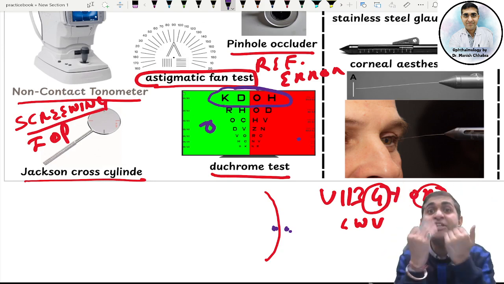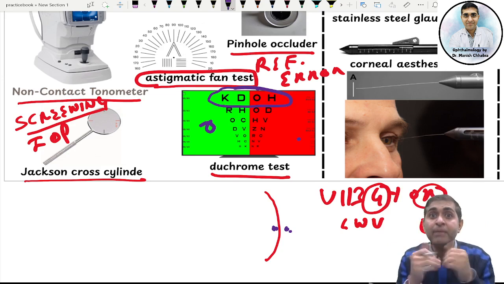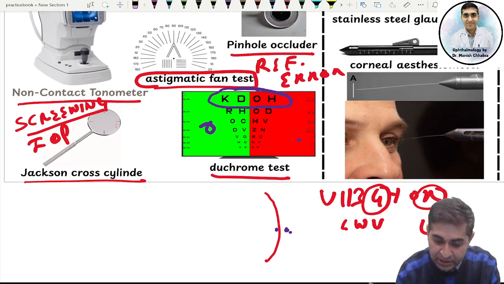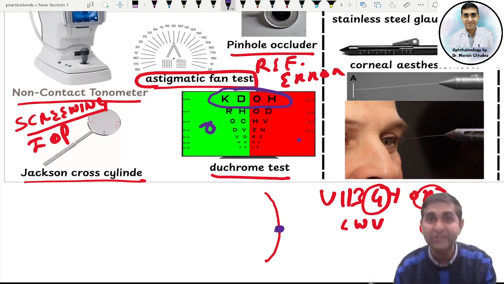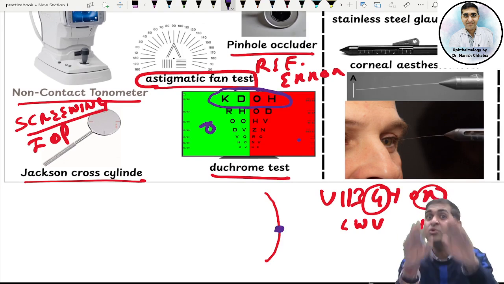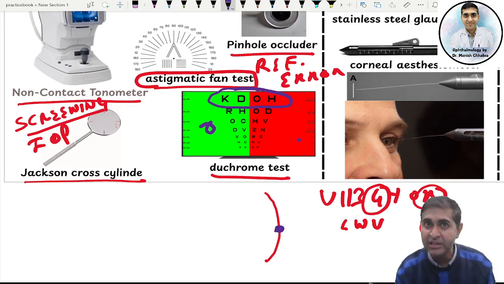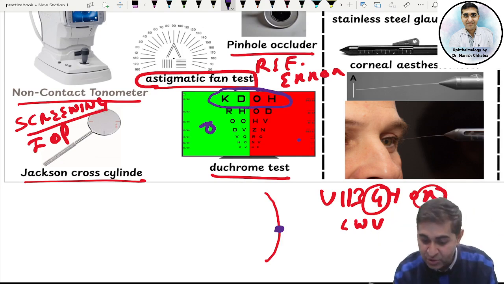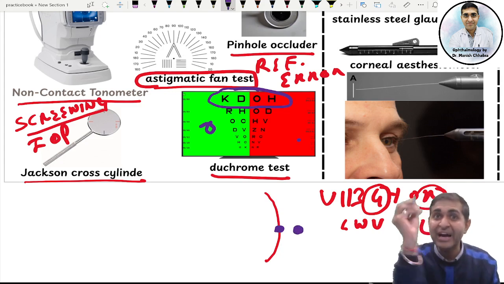Now if the patient says that the patient is able to see the green color more clearly, that means the green color, instead of being projected in front of the retina, is being projected on the retina. That is why the patient is able to perceive green color clearly. Now if the patient is able to see green color clearly, that actually tells you that the patient is not seeing red color clearly.